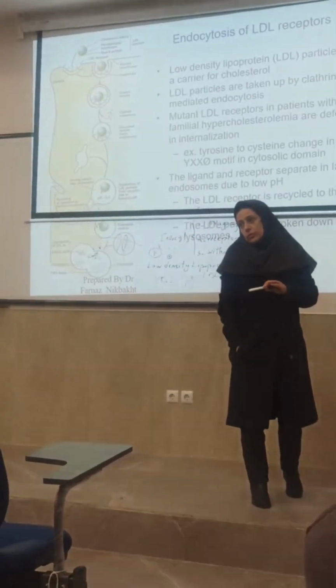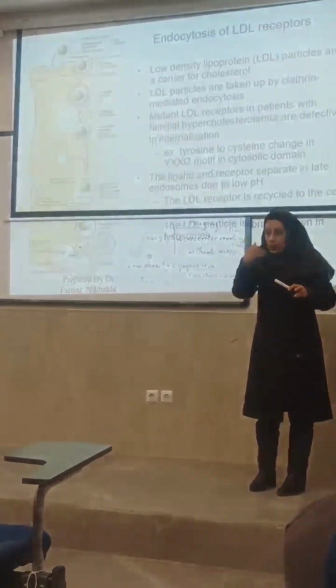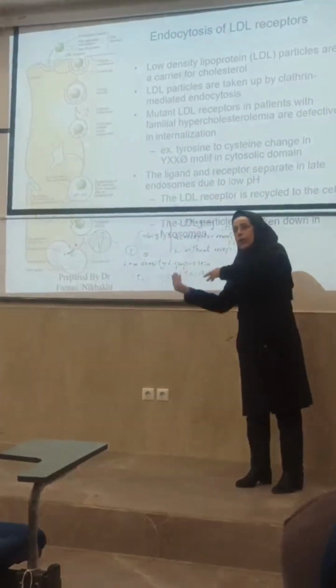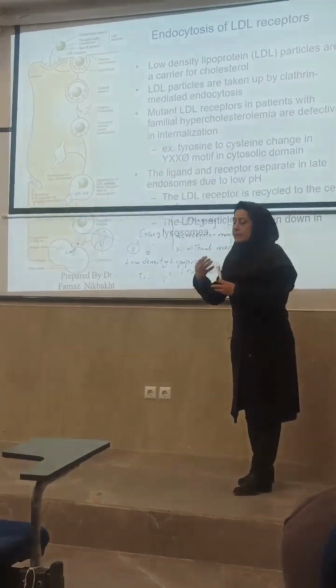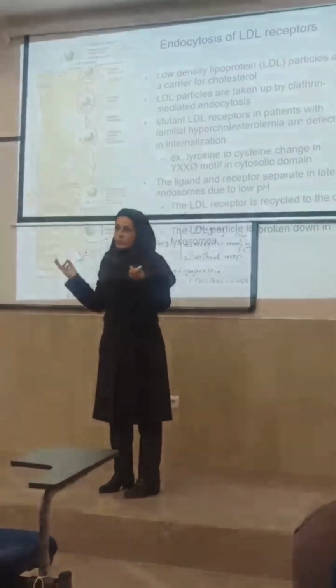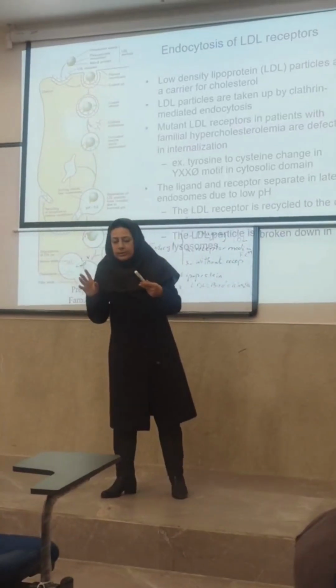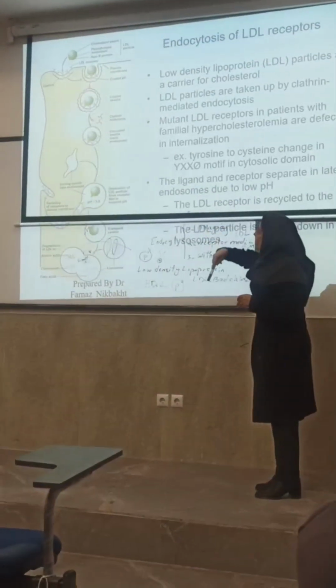Every cell can produce new cholesterol, but they also need cholesterol entering from the blood circulation. So, for the best function of the cell, cholesterol is necessary, but not too much cholesterol.